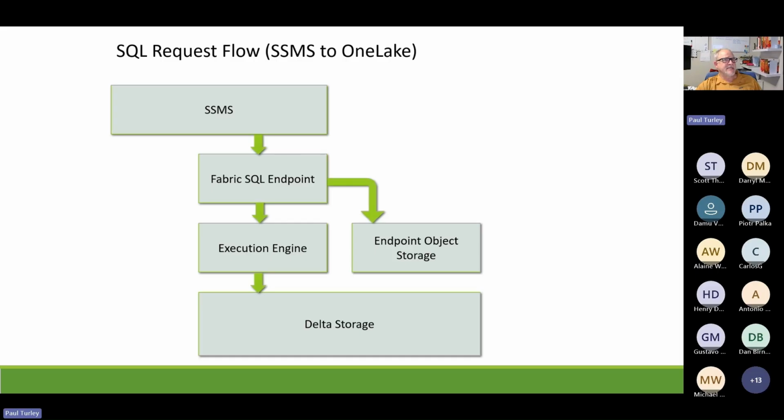That execution engine is actually Spark. So Delta is always orchestrated with Spark. We have Spark clusters that sit over the top of that OneLake storage, and Spark is the layer that's always used. The SQL analytic endpoint talks to the Spark engine, which in turn talks to the Delta storage.